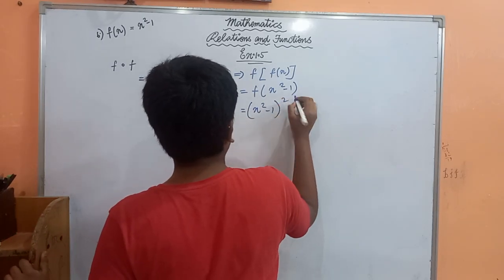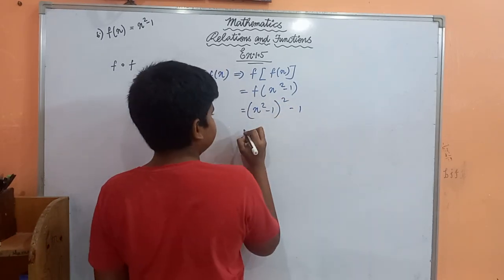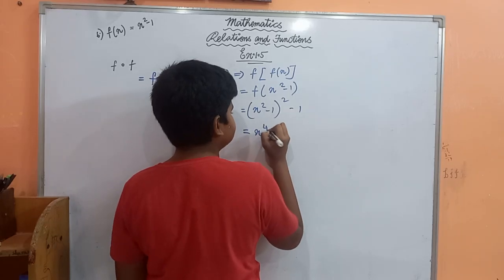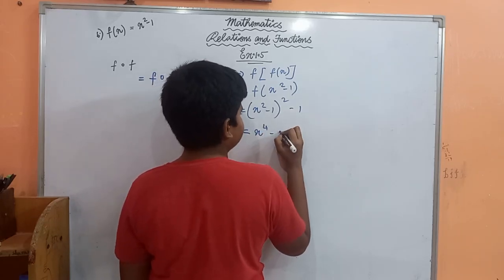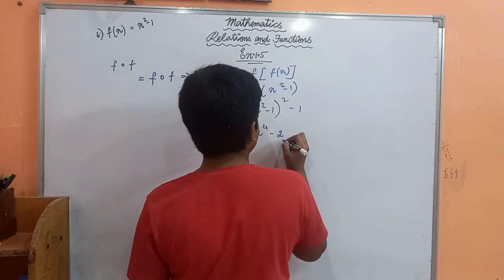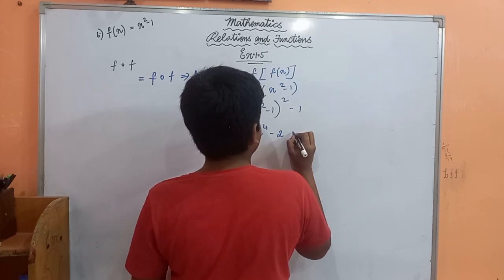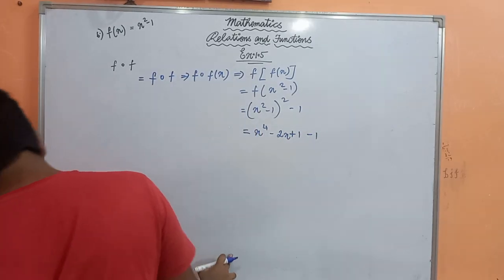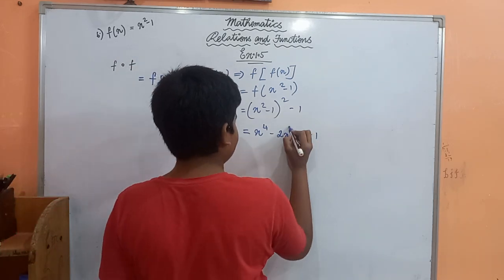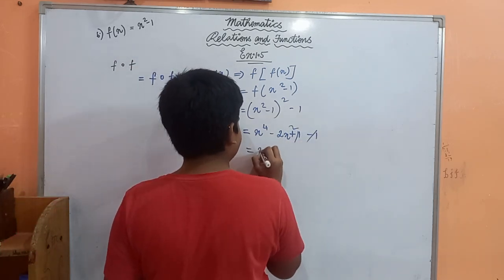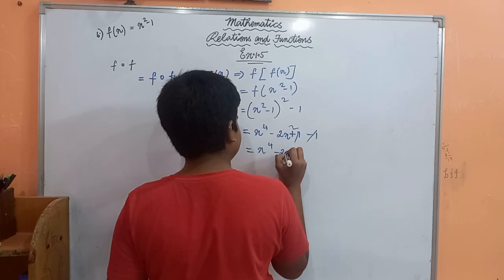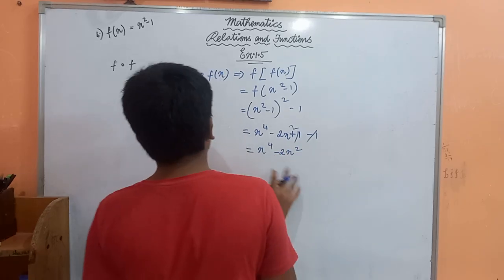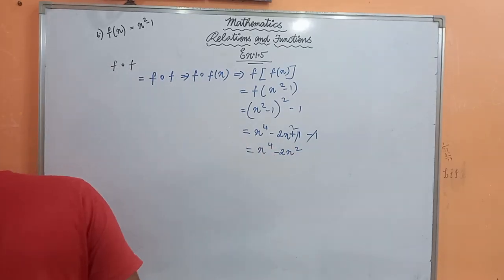So this is square minus 1. So there will be an x to the fourth over here, and this will be cancelled. This will be the answer for this sum.